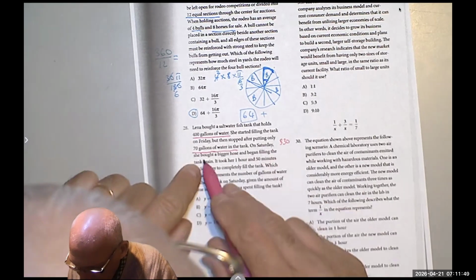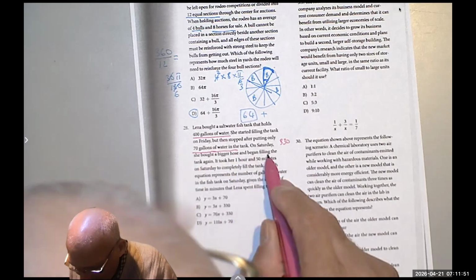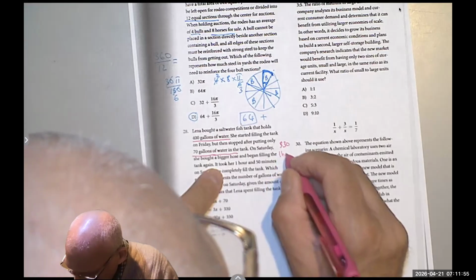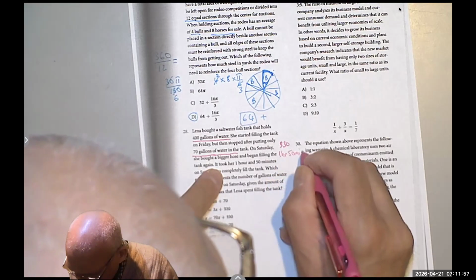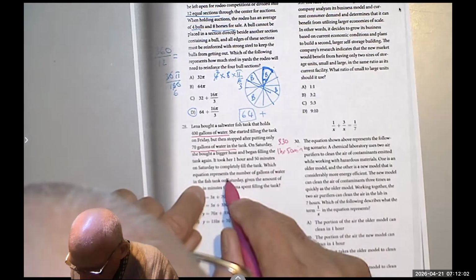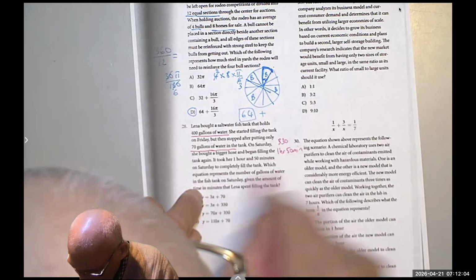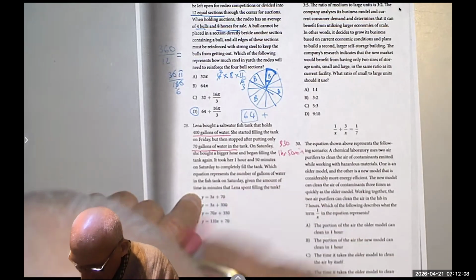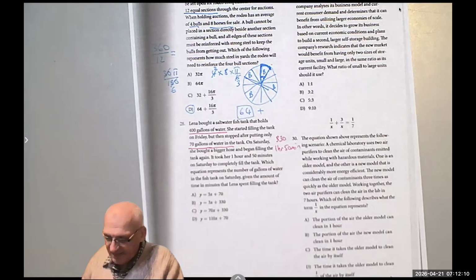On Saturday, she bought a bigger hose and began feeding the tank again. It took an hour and 50 minutes on Saturday to completely fill the tank. Which equations represent the number of gallons of water in the fish tank on Saturday, given the amount of time in minutes that Lena spent filling the tank?